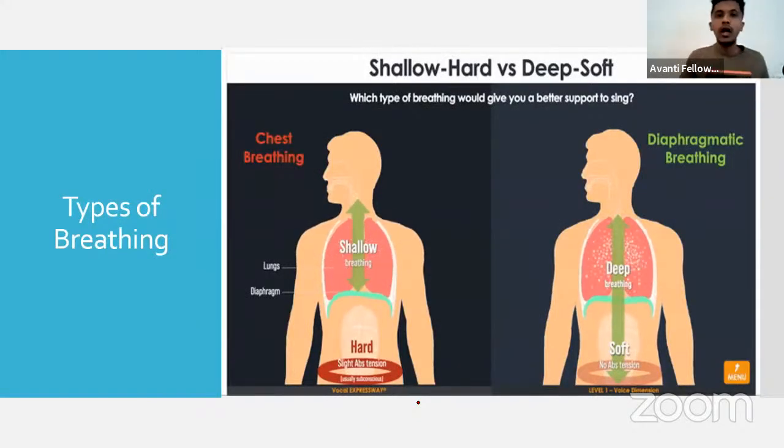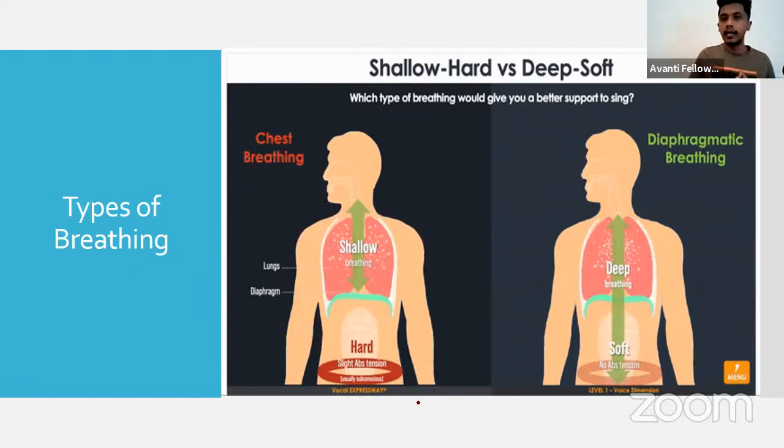So when it comes to breathing, breathing can be of two types. One is short breathing or shallow breathing. The other one is deep breathing. Shallow breathing can happen when a person is running, when you jog, when you're in cold water, or whenever there is suffocation.